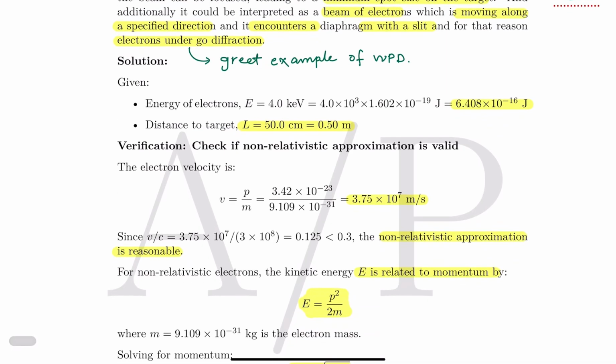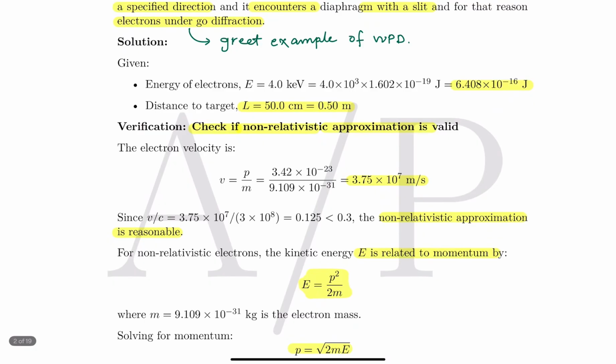First we are required to check whether it is a relativistic case or not. We are going to check if the non-relativistic approximation is valid, and if it is not valid, we will move to the relativistic case. The difference is very simple: the energy gained in the non-relativistic case is P square upon 2m, which is kinetic energy.